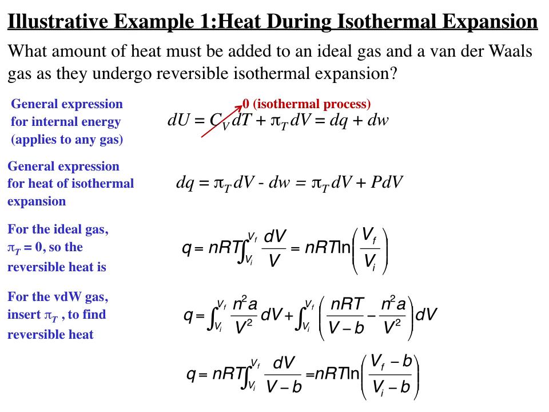And when I integrate that expression, I get something very similar to what I got for the ideal gas, but in the van der Waals case, instead of just being nRT ln Vf over Vi, it's nRT ln of Vf minus b over Vi minus b. So the only difference is a subtle difference for the heat that must be added upon reversible expansion of a gas, whether it's ideal or whether it's van der Waals.